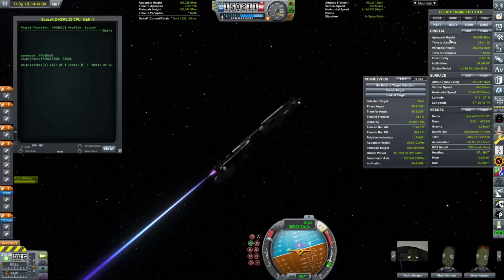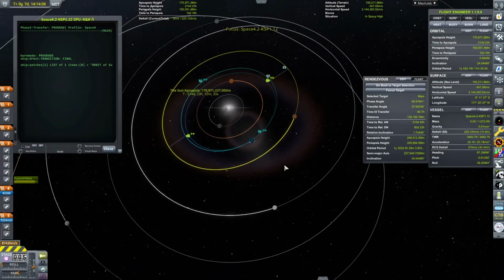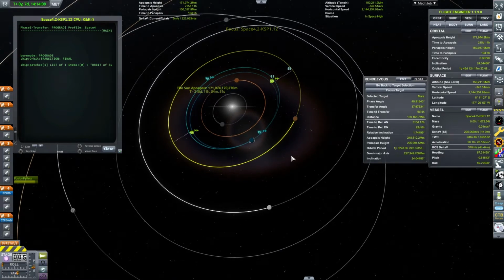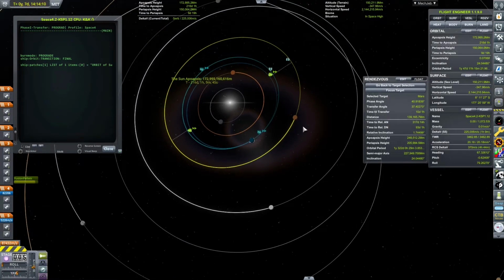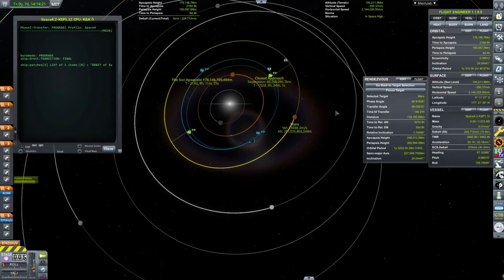Okay, the interesting point here is of course the apoapsis. This is Mars. And what you can see here is the current separation if the burn would stop at this moment. But of course, the burn will not stop, the burn will increase, and the separation to Mars will decrease.